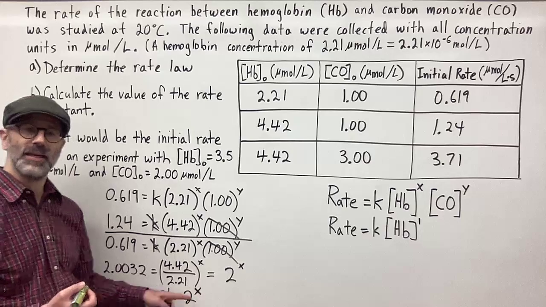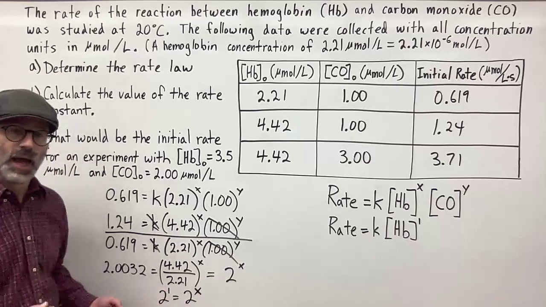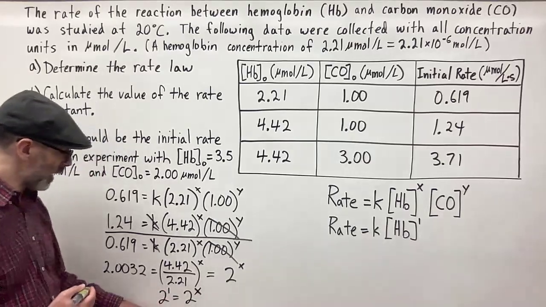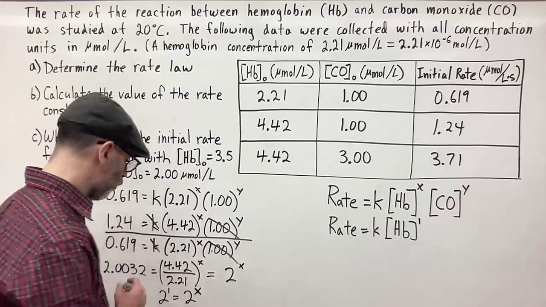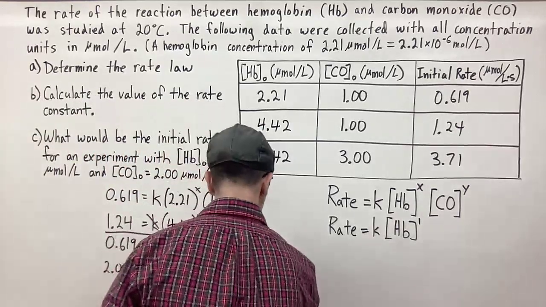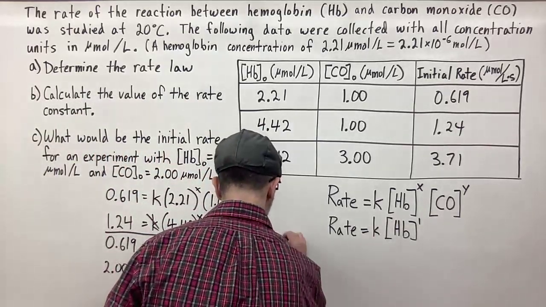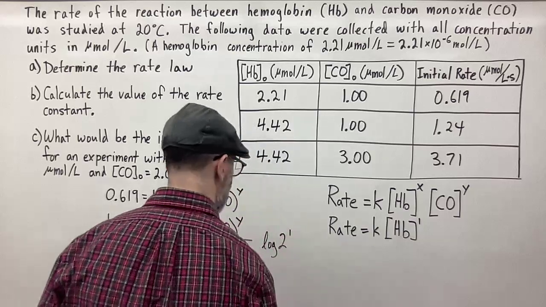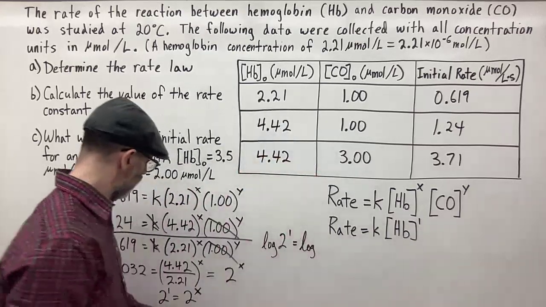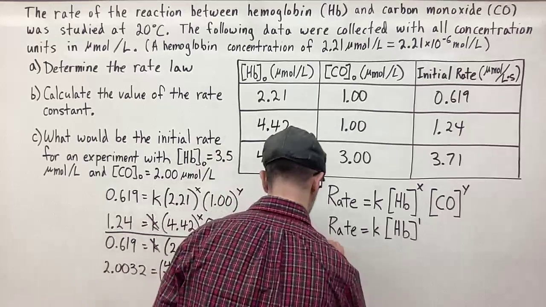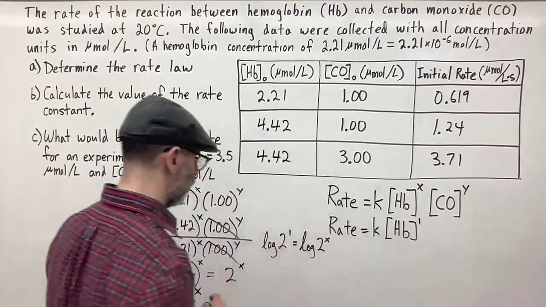So x is equal to 1. And again, you could do this by taking the log of both sides, right? So if I do that, I can take the log of 2 to the 1 power is equal to log of 2 to the x power.